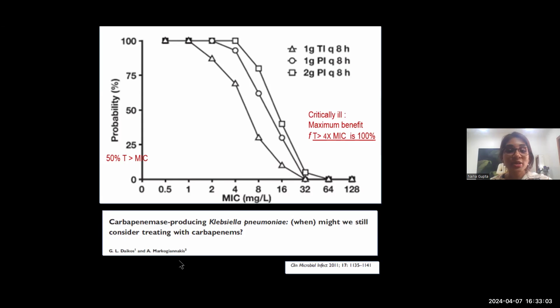And I would like to mention the study from DICOS, on up to what MIC we can use the carbapenems. So this was an earlier study which showed that probably when the MIC is 32, and if we are using carbapenems, like meropenem infusion of 2 grams as prolonged infusion over 8 hours, it can still achieve 50% time above MIC in a few of the patients, and up to the MIC of 16 can be achieved in close to 30% of the patients.